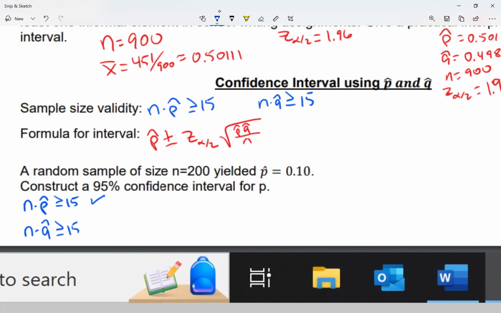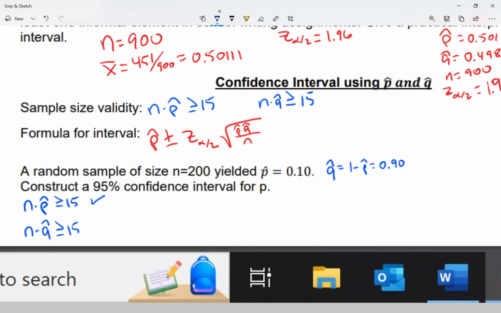Some of you might say, I only see that p hat is 0.10. Well, you can get q hat easily. For q hat, I'm just going to go 1 minus p hat. So 1 minus 0.10, my q hat is going to be 0.90.